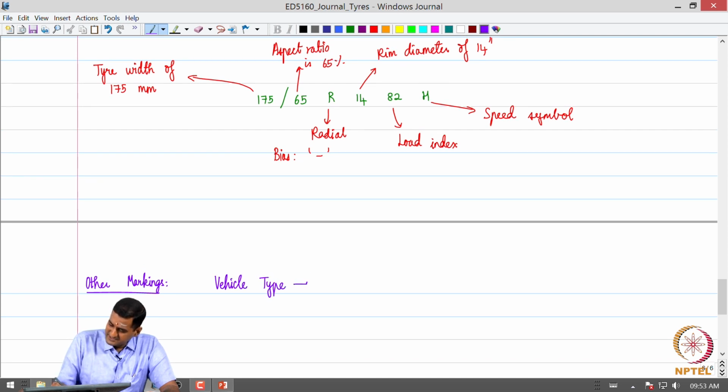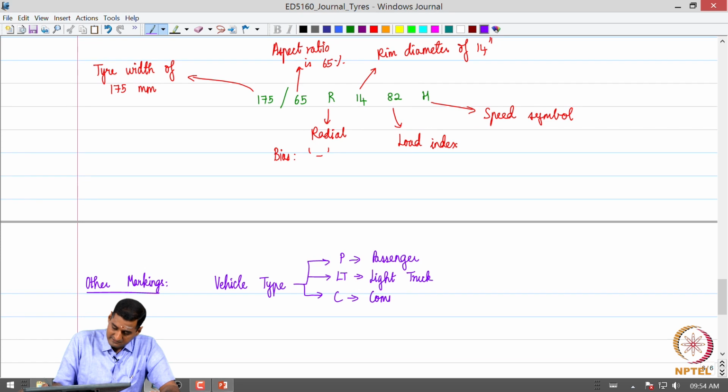The character P, put ahead, indicates a passenger tire, LT indicates a light truck, C indicates a commercial vehicle, and T indicates temporary usage.